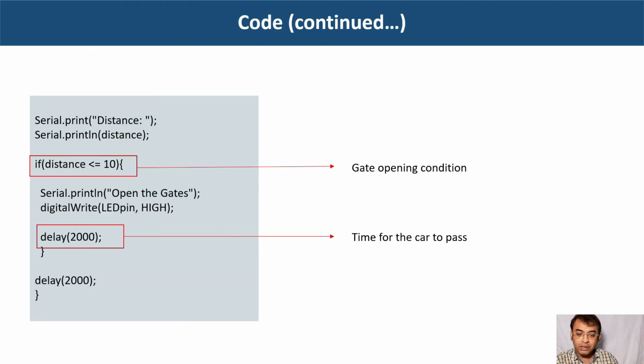So now if the distance is less than 10 centimeter, so gate will open and just LED will glow. Okay, guys, and we have inserted one delay of 2000 millisecond to pass.